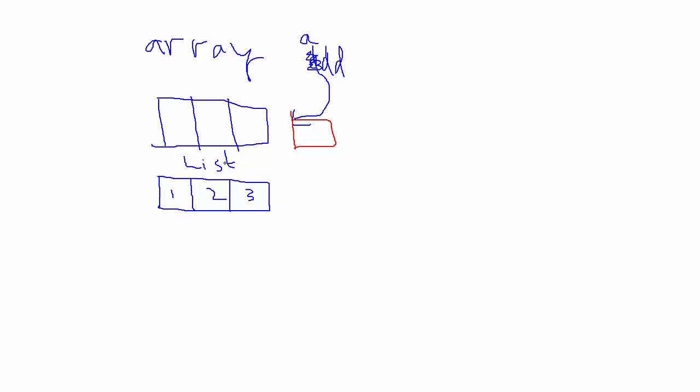So if I have 3 elements, it's actually going to have 4 entries, and the last one is going to be empty. If I add a 4 here and then I want to add a 5, the list is going to resize and have double the size.